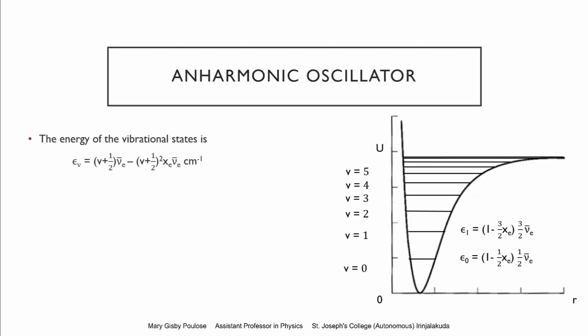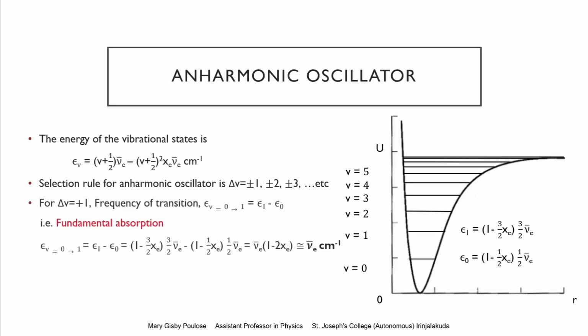Now, using the expression for energy of the vibrational states as eta V is equal to V plus half nu E bar minus V plus half square Xe nu E bar, we understand the selection rule here for the anharmonic oscillator is delta V is equal to not only plus or minus 1, you can have values plus or minus 2, plus or minus 3, etc. So the molecule can be excited to higher energy levels and other lower energy levels also.